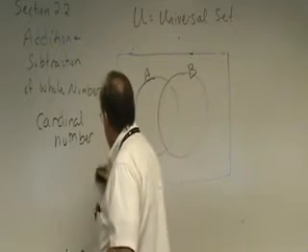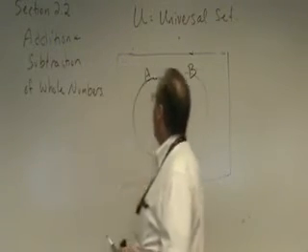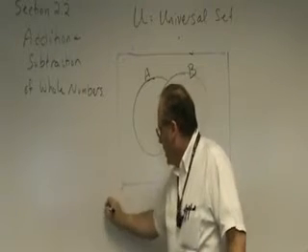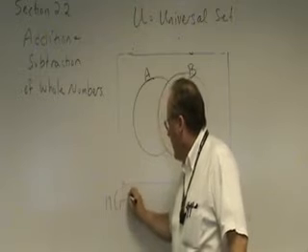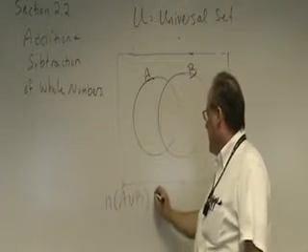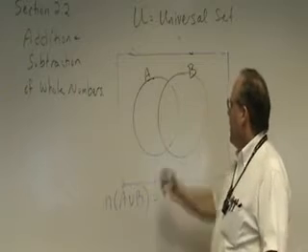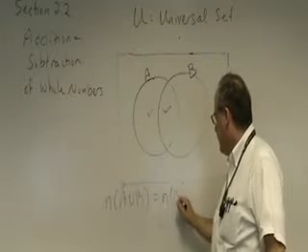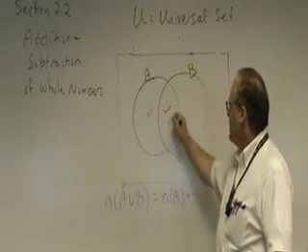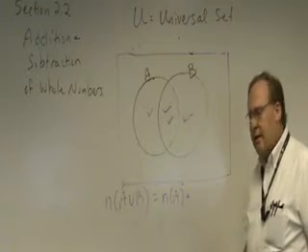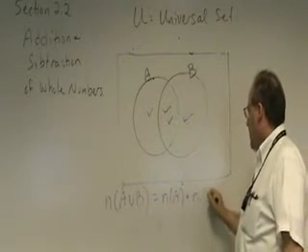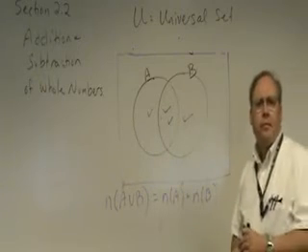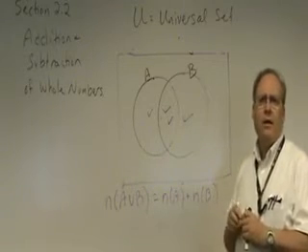If I want to talk about how many are in A union B, then I can count all those that are in set A, and I can also count all those that are in set B. But you notice that I have done too much.